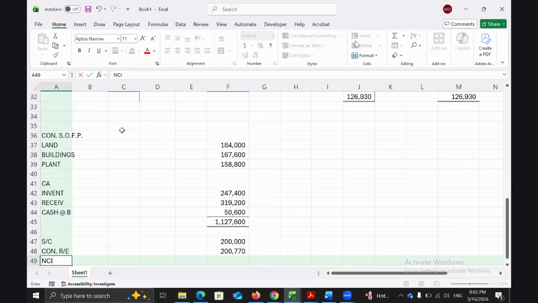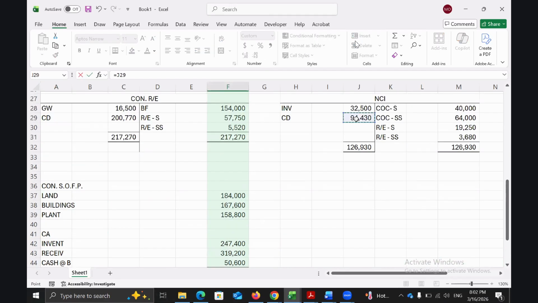Then the NCI, we are having this balance.